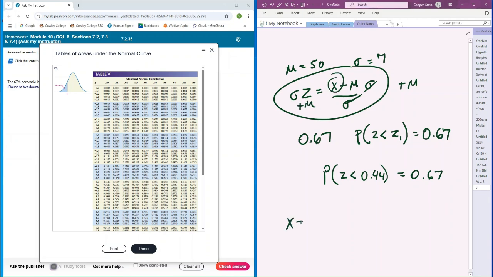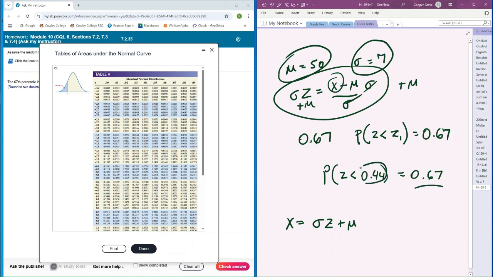So really we get x equals sigma times z plus mu. Okay, and we know that sigma is 7 and mu is 50. So we'll just take and convert this z-score here that matches 0.67 and be able to find the x value.